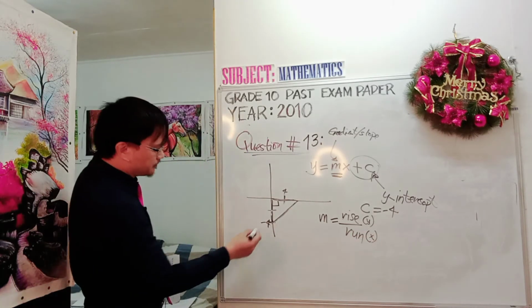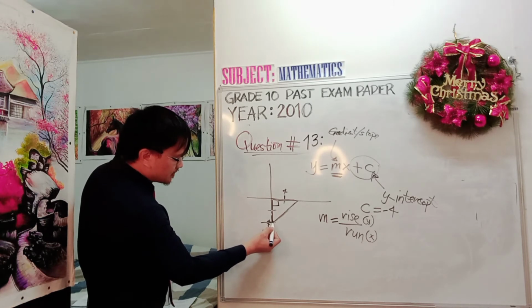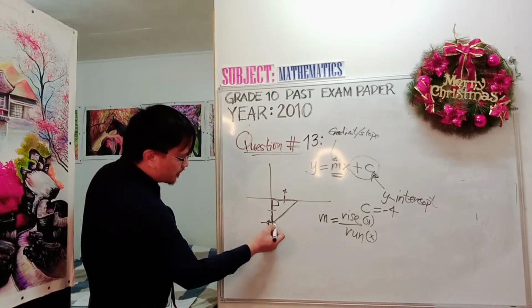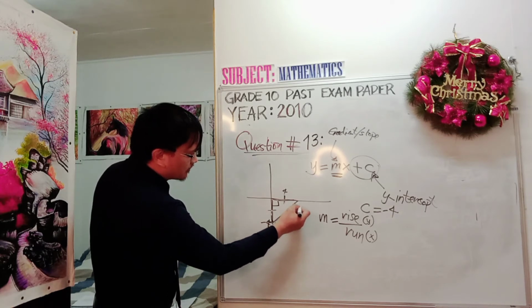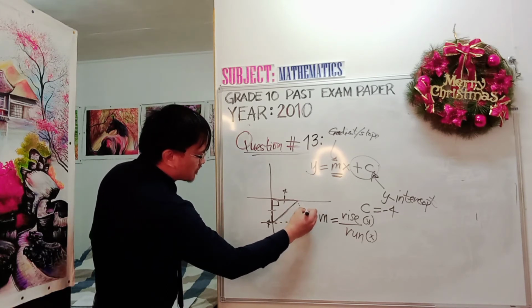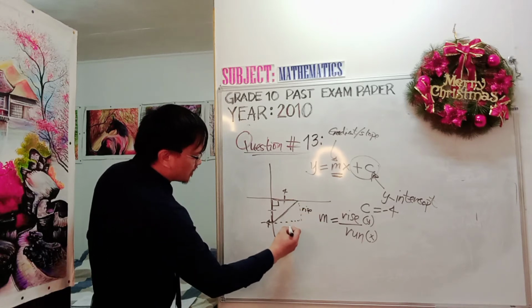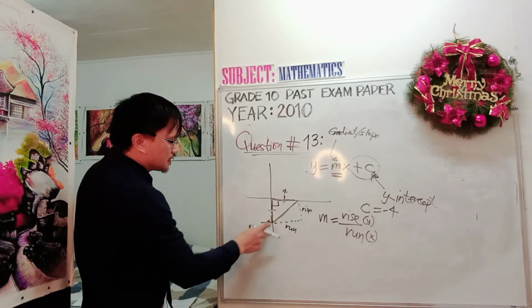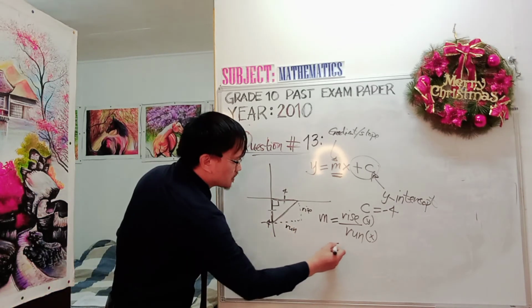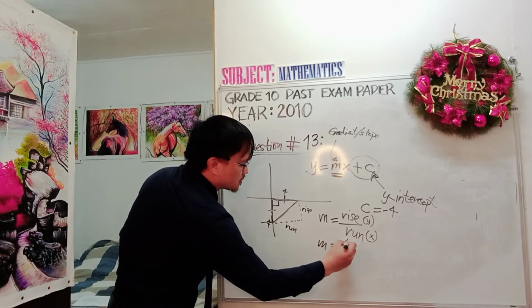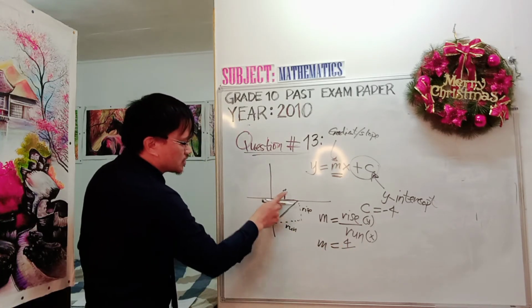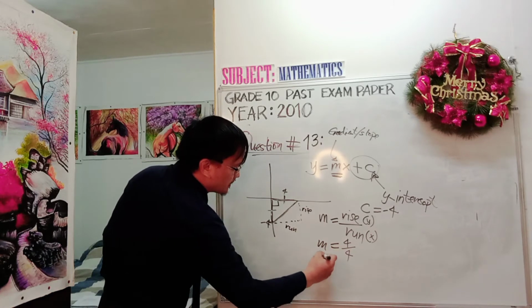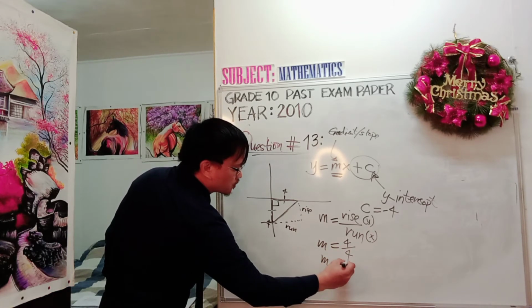We can also draw it from the side. So this is the rise divided by the run. The rise is 4. Therefore, we substitute: m is 4 divided by the run, which is also 4. Thus, our gradient is equal to 1.